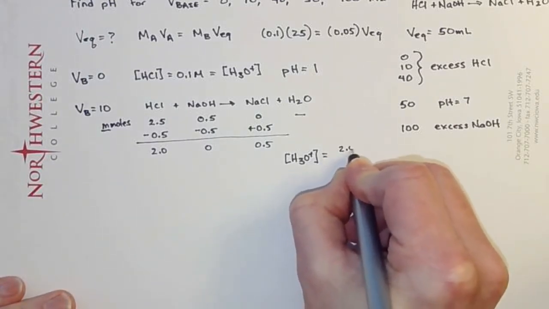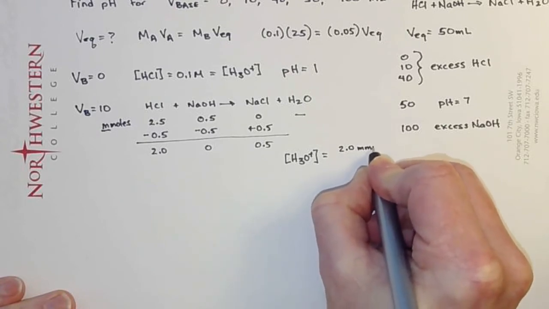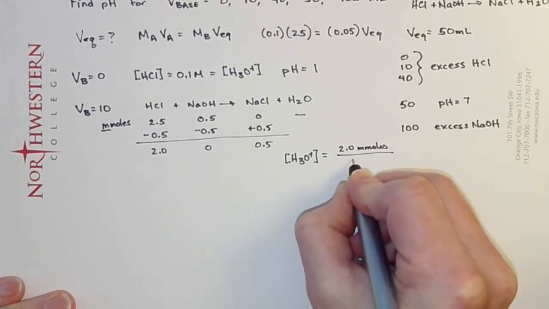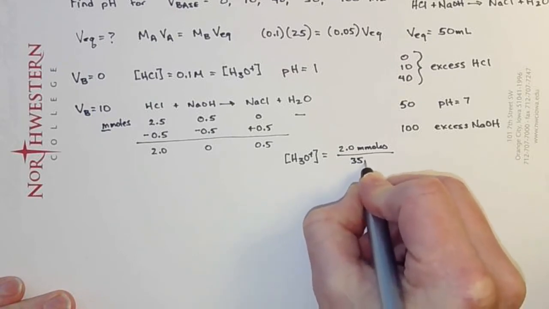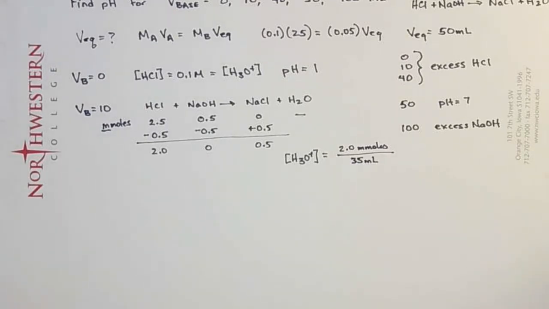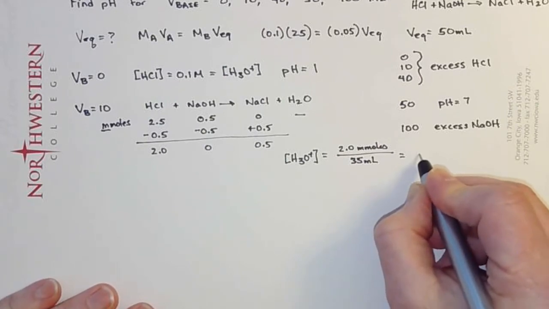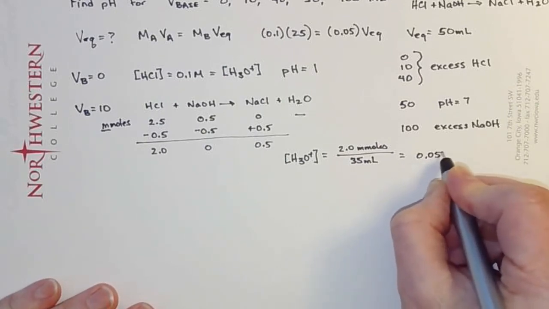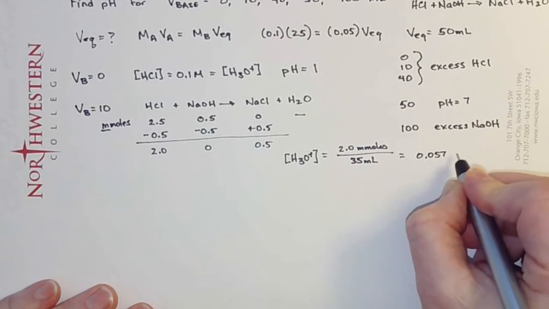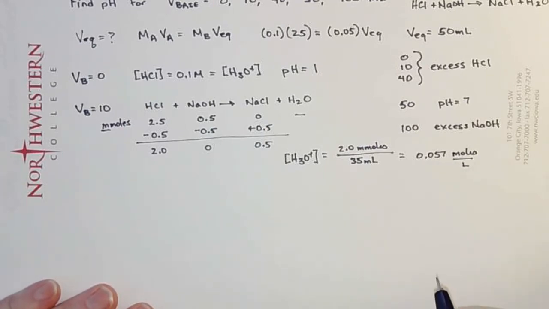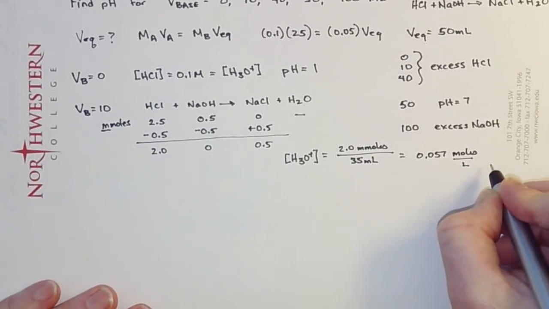So 2.0 millimoles divided by the total volume, which is 35 milliliters. That leads to a concentration of 0.057 moles per liter and a pH of 1.24.